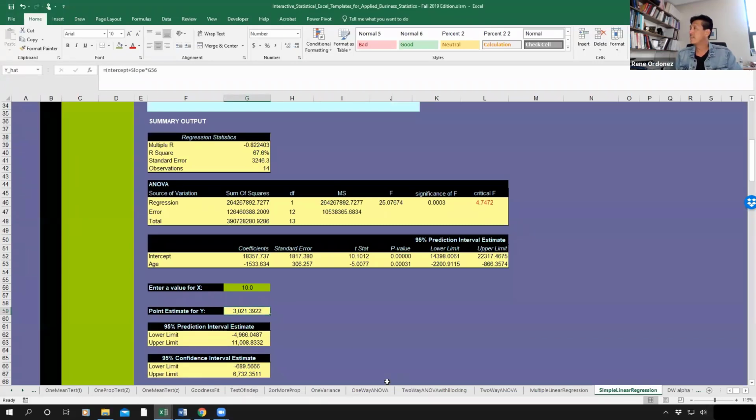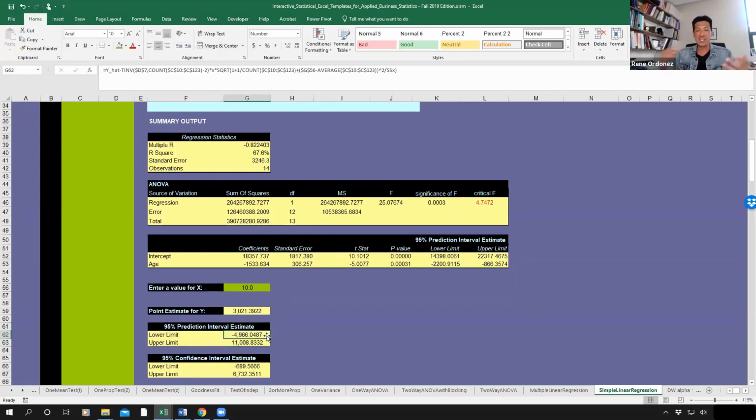But what Chris will actually pay Doug is somewhere between, as high as 11,000. Okay, I'm using the prediction interval estimate here because we're only talking about one car.